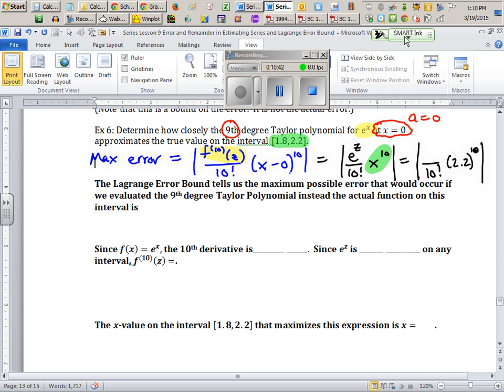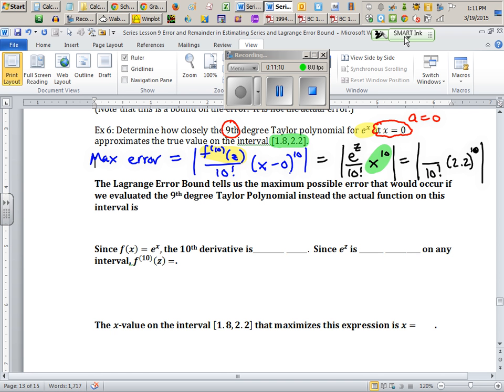Does that make sense? Okay, now it's time to pick a z. Z is a little bit different from x on most problems. But on this problem, it's almost the same thing, because basically what we're saying is z should be chosen between the center of convergence, okay? So I didn't say that yet, but I'm saying now. Z is a number between the center of convergence and your x that you're evaluating. So that would be from 0 to 2.2.